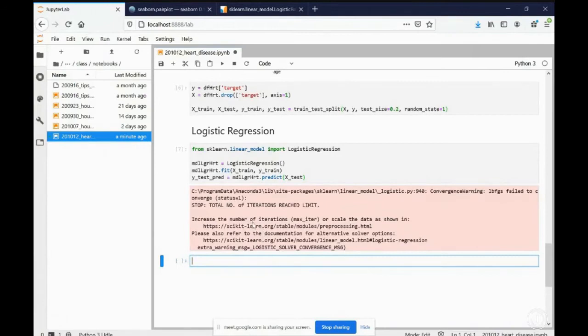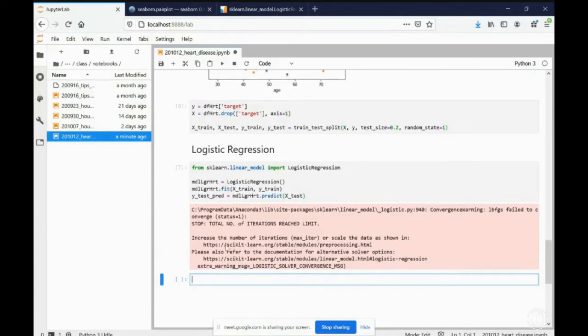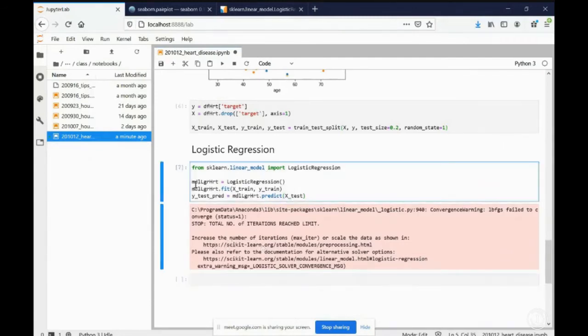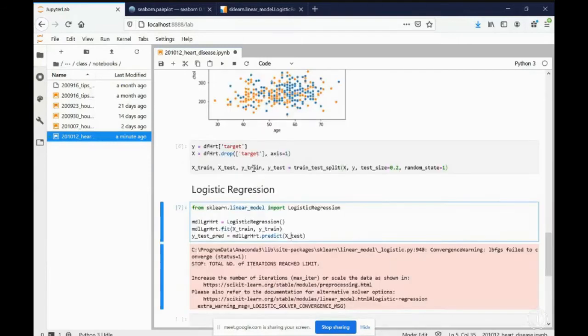Okay, so it is trying to run it. We've got our x_train, x_test, y_train, y_test. We've split x and y. Let's go down here, model fit x_train and y_train, and then we are trying to predict x_test.